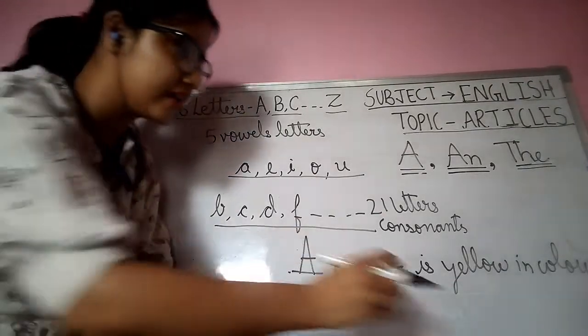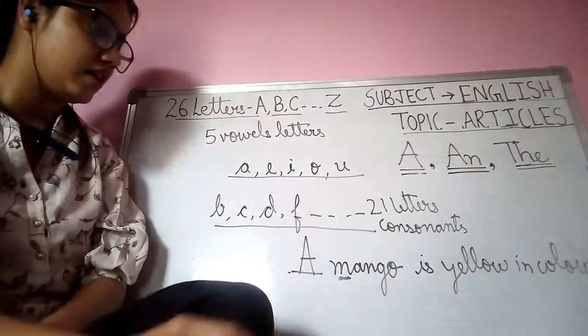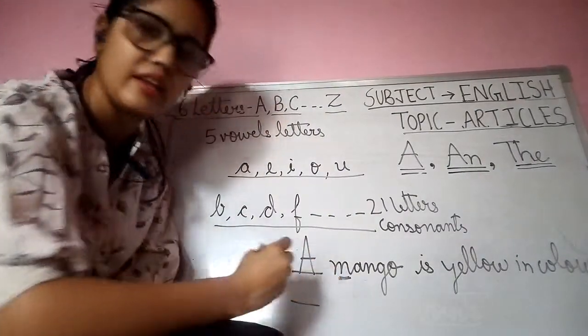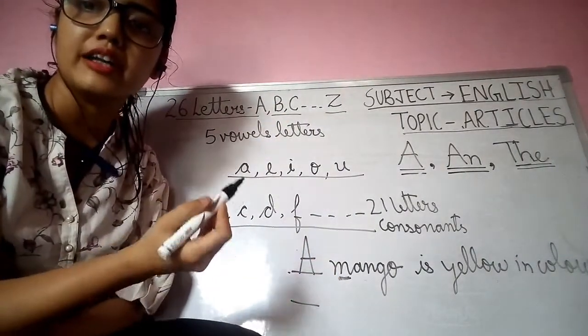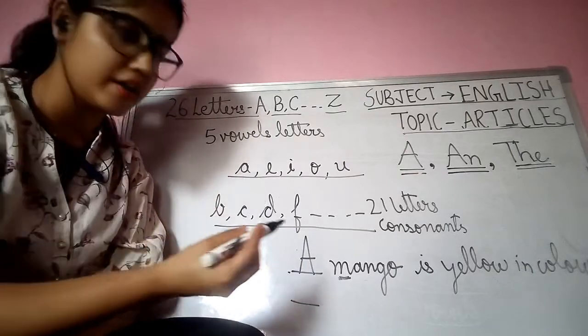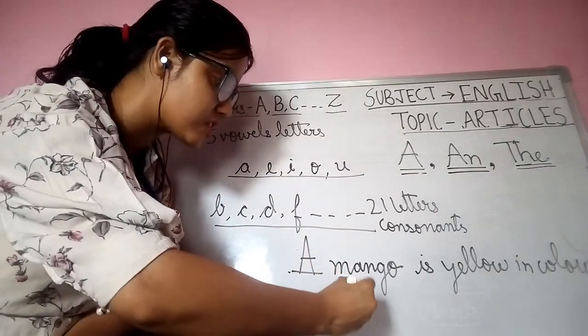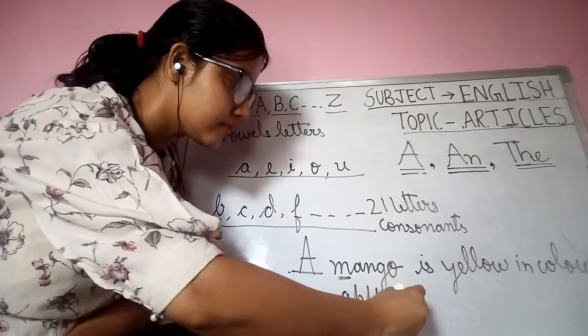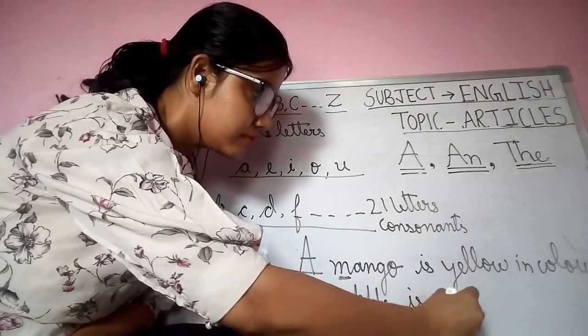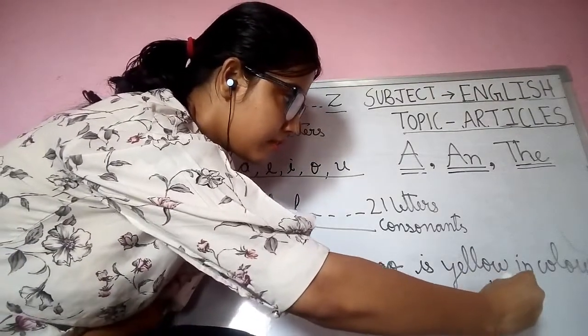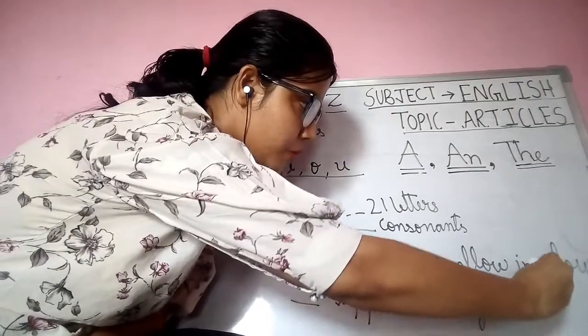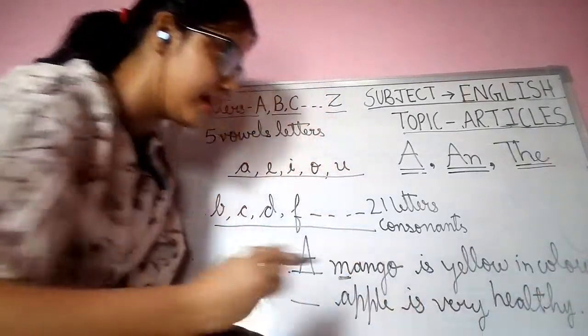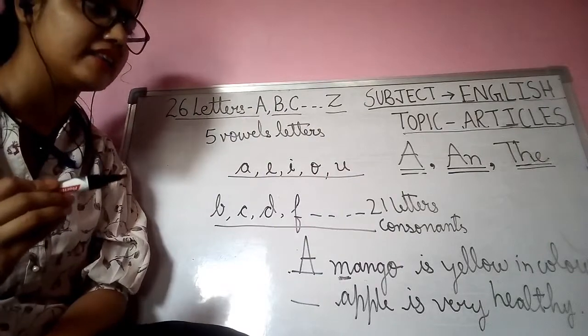For a word that begins with a consonant letter, we use a. And suppose there is a word that begins with a vowel sound letter, like: dash apple is very healthy.